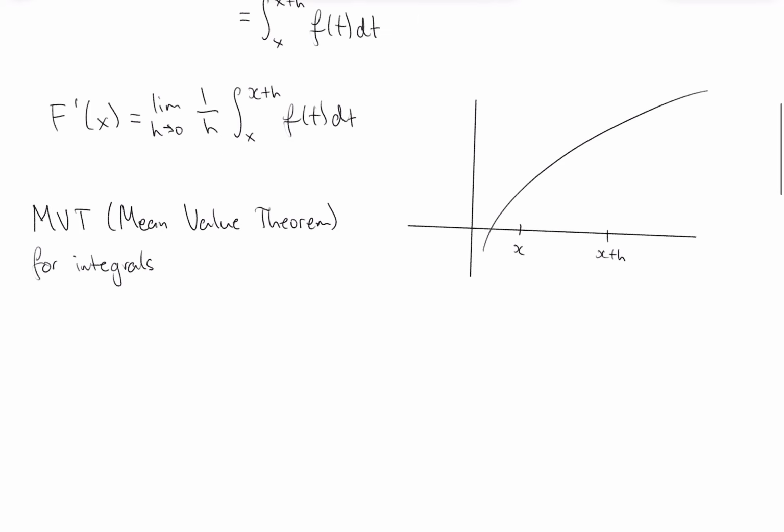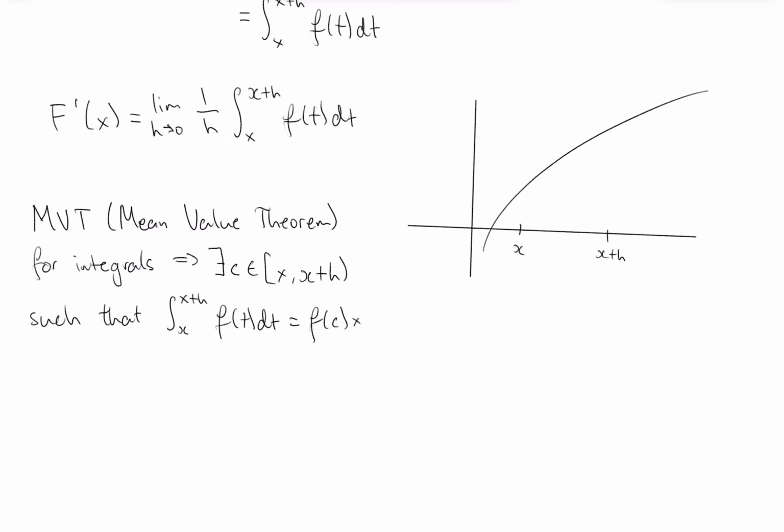It implies that there exists some value c inside the interval x to x plus h, such that the integral from x to x plus h of f of t dt equals f of c times h.